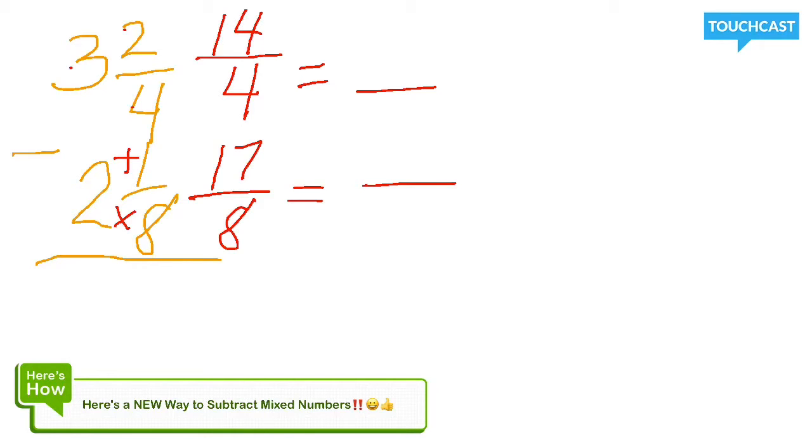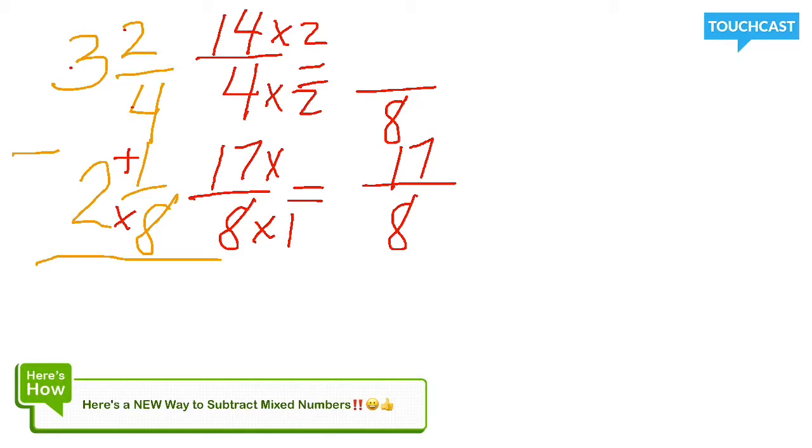But we are going to use 8 as our new denominator. And then you need to figure out what did I multiply by. And here we multiplied by 1, so the 17 stays the same. And here you multiplied by 2. So here you're going to multiply by 2. And 14 times 2 equals 28.